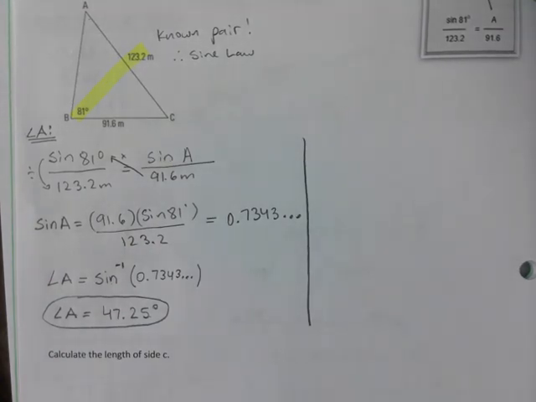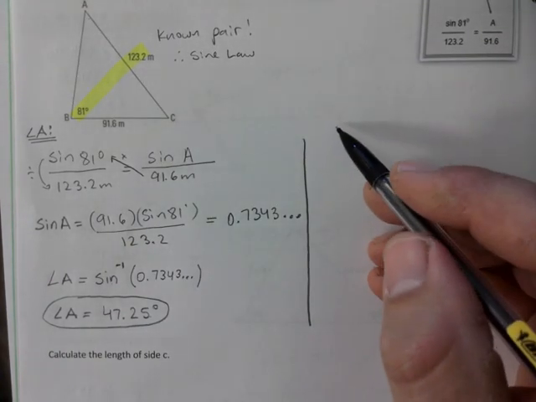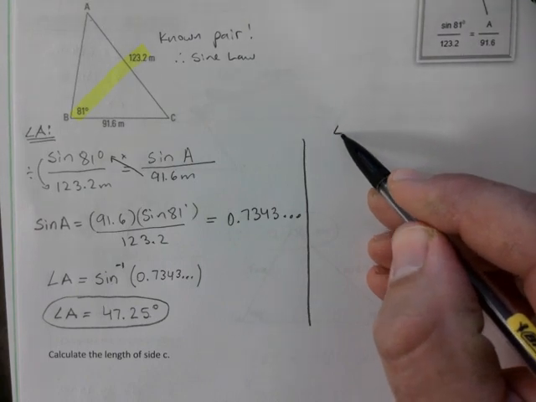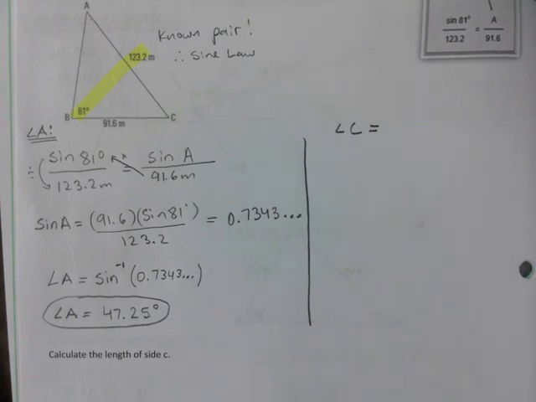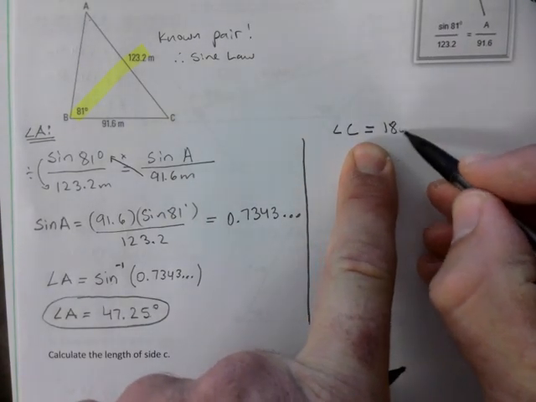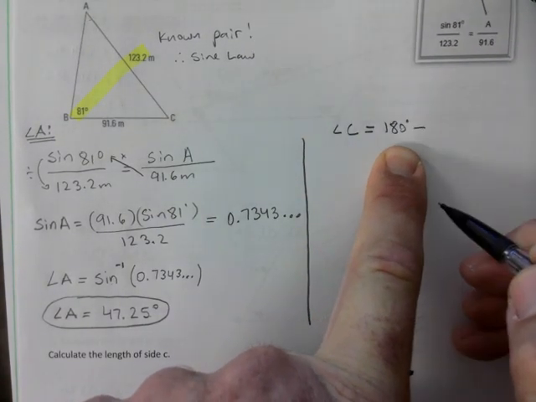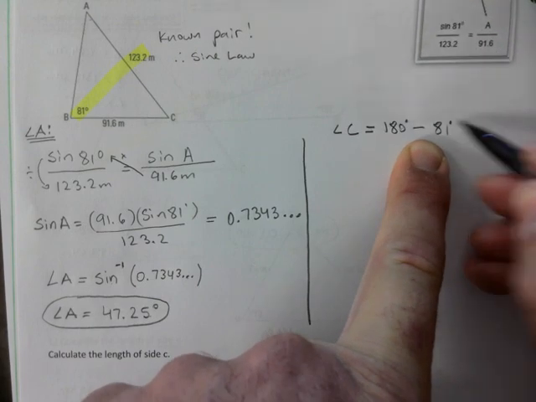Now we're going to solve for angle C. Do I need to do sine law all over again? How many angles do I have? I have 2 out of the 3, right? I'm not going to do sine law again. Are you crazy? That's way too much work. 180 minus the 81 that I already have.